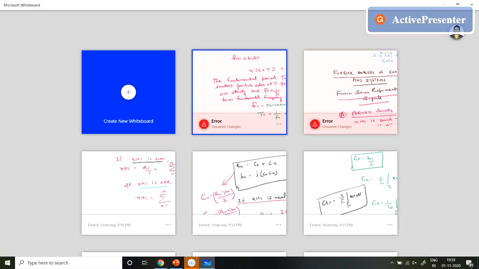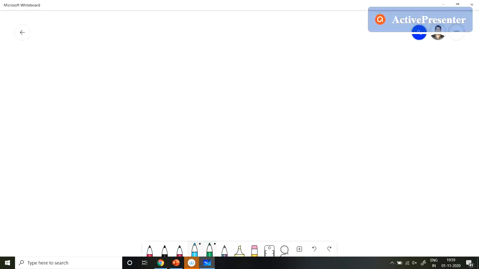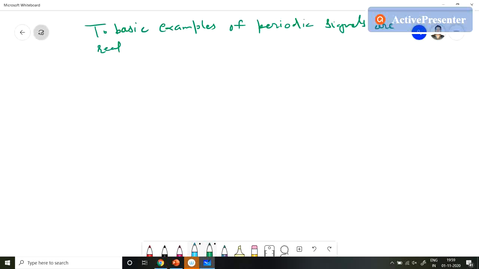Now two basic examples of periodic signals are the real sinusoidal signal and the complex exponential signal.